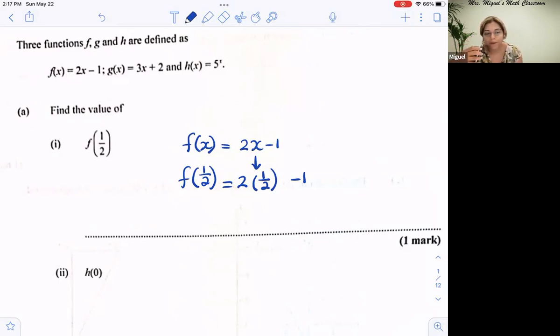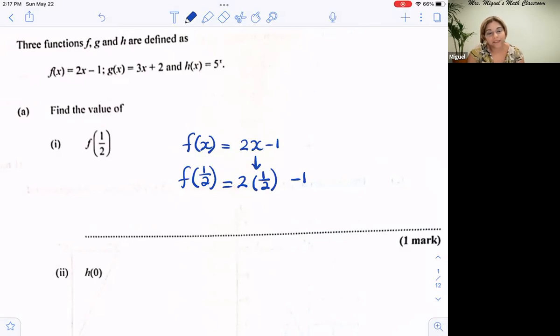It is only 1 mark, so it's probably only 1 line, and based on your accuracy, you'll get a mark. So there's no half a mark in CXC, right? It's either you get the mark or you don't get it. And to avoid any inconsistency in your values, please use the calculator and get the correct answer. If it's a 1 mark, it's either you get it correct or you get it wrong.